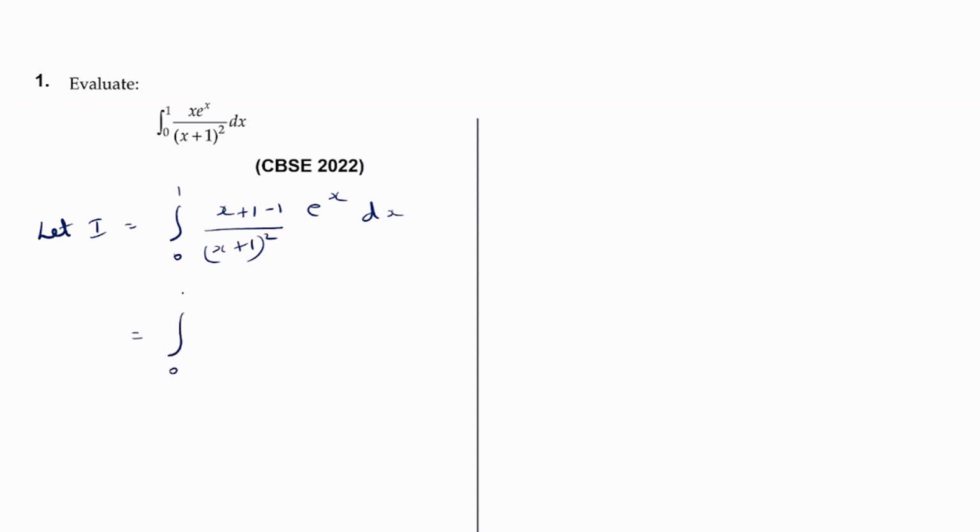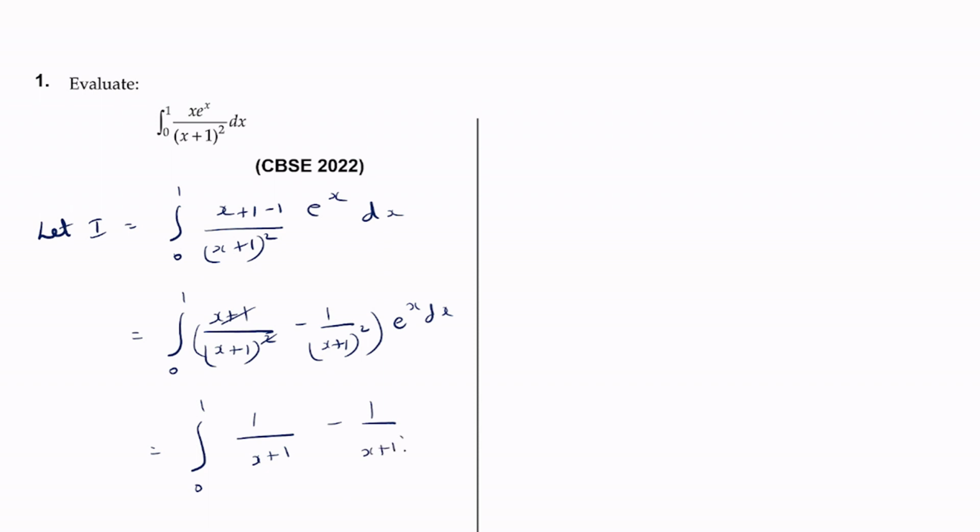So this is nothing but integral 0 to 1 of (x plus 1) by (x plus 1) the whole square minus 1 by (x plus 1) the whole square, into e raised to x dx. So it is integral 0 to 1 of 1 by (x plus 1) minus 1 by (x plus 1) the whole square into e raised to x dx.